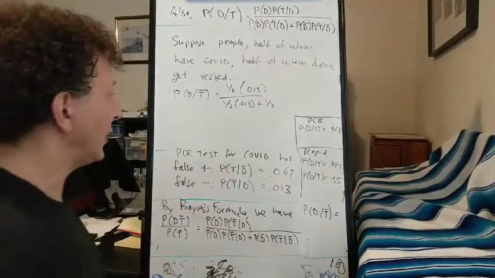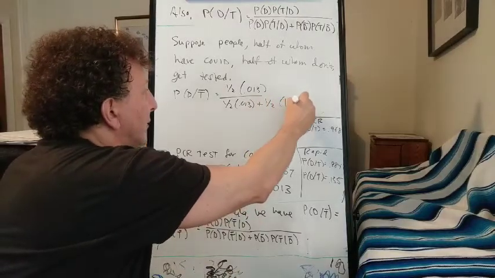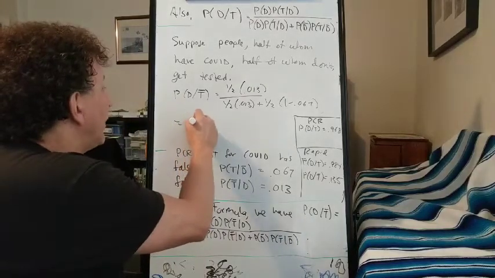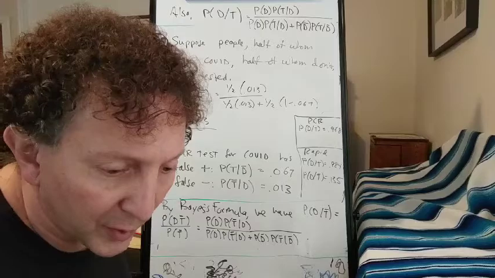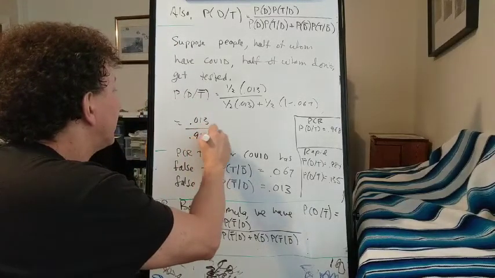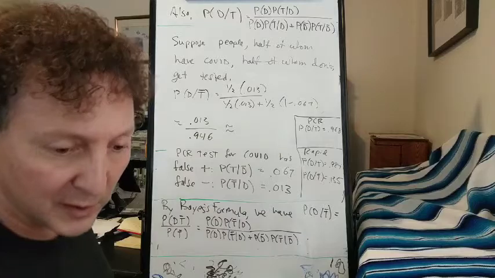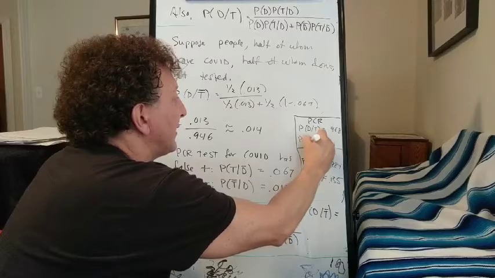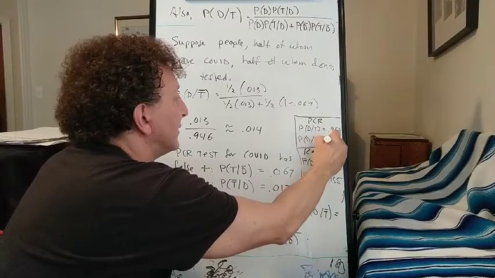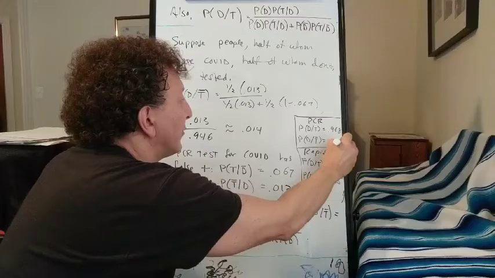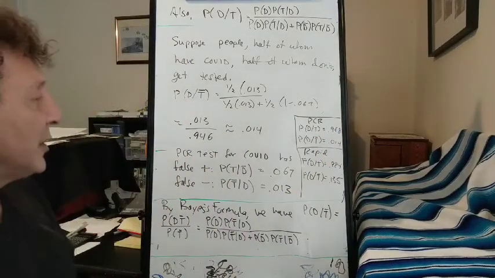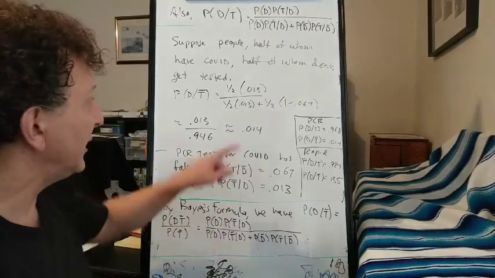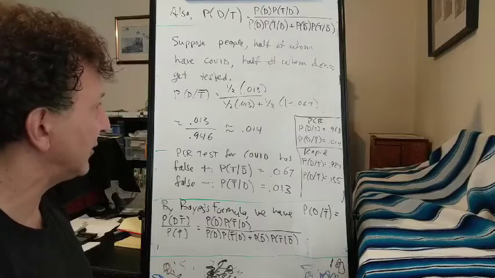So that's 1 minus 0.067. So this is 0.013 over 0.946, which is approximately 0.014. So the probability of having the disease given that the test is negative is 0.014. So there's only about a 1% chance that you're ill with COVID if you get a negative result from the PCR test.